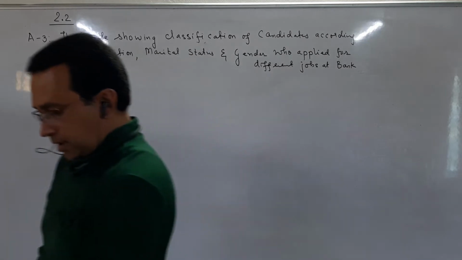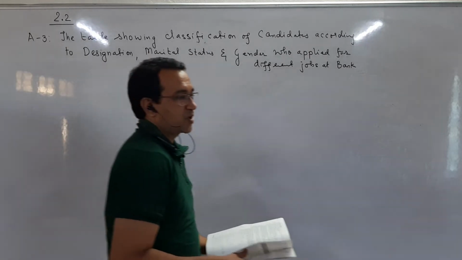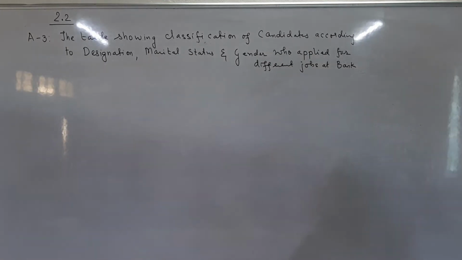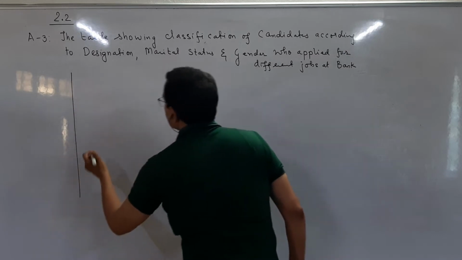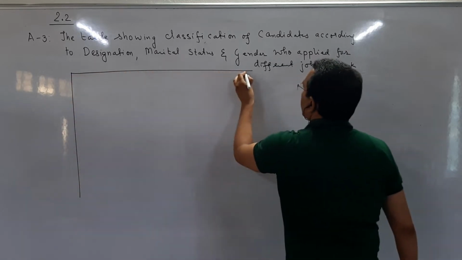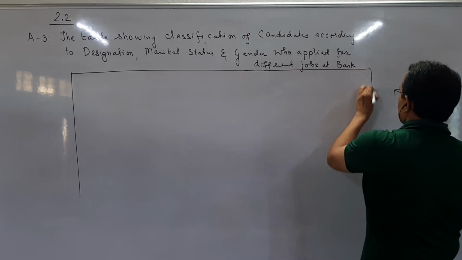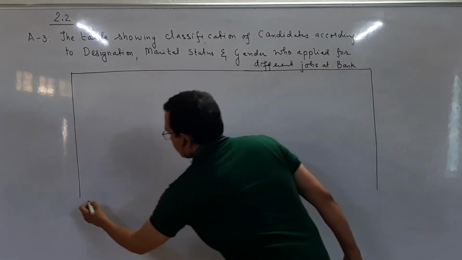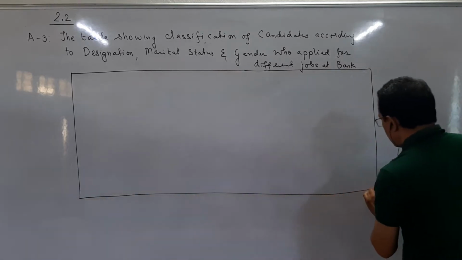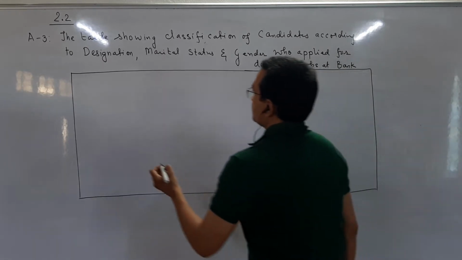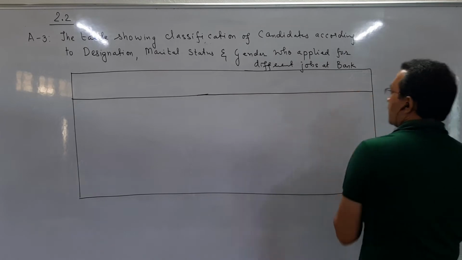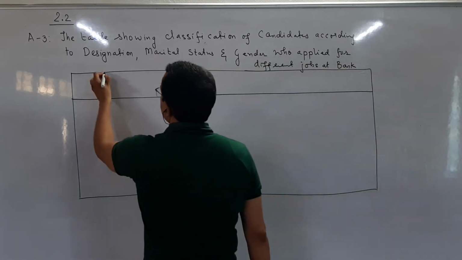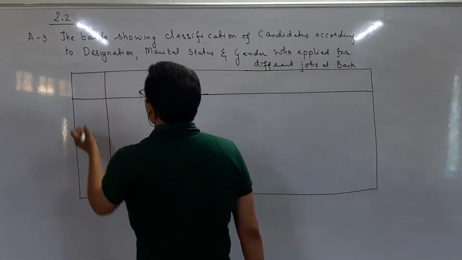Now, the first column which we should make is of designation or post. I prepare the layout. Students, I prepare the layout. Please forgive me, I don't have a scale. So the first column will be designation or post.